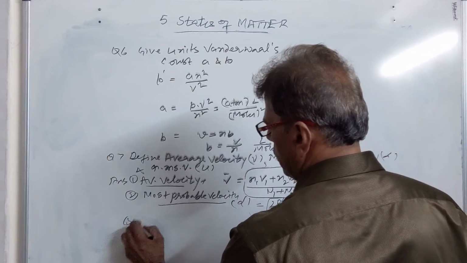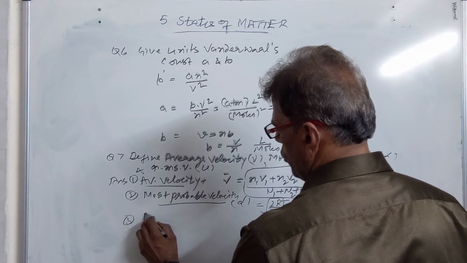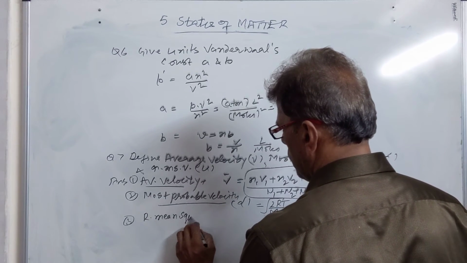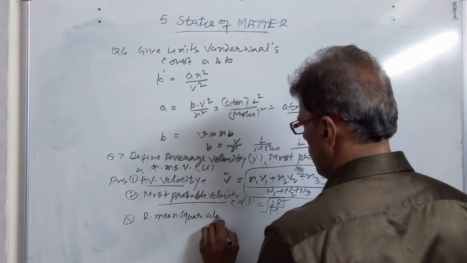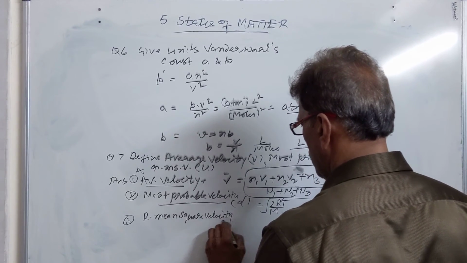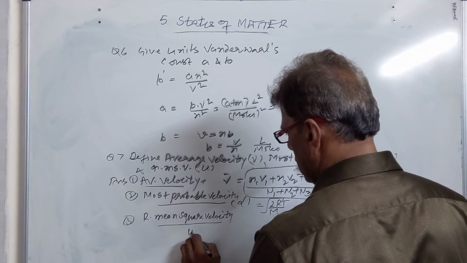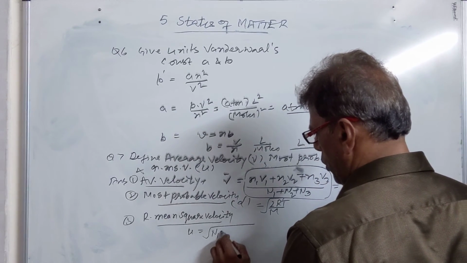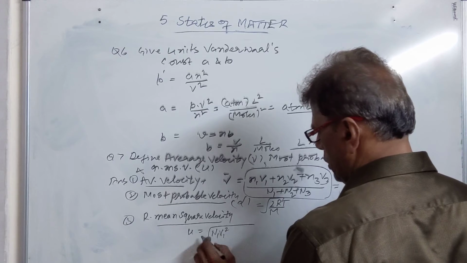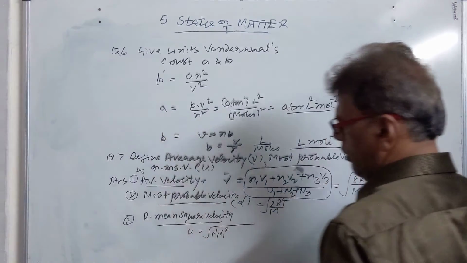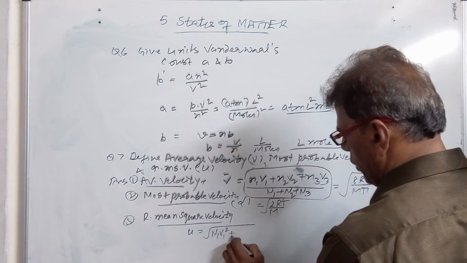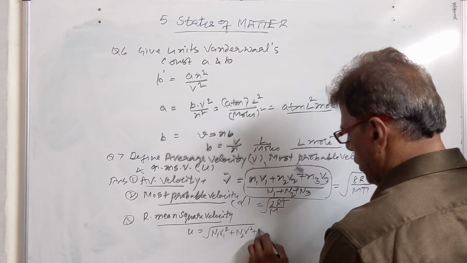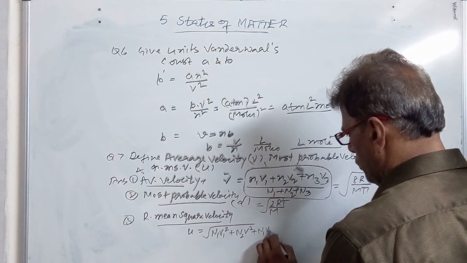Then we have the next, that is root mean square velocity, RMSV, it is given by U. It is defined as the square root of the average of the squares of the different velocities possessed by different gas molecules.